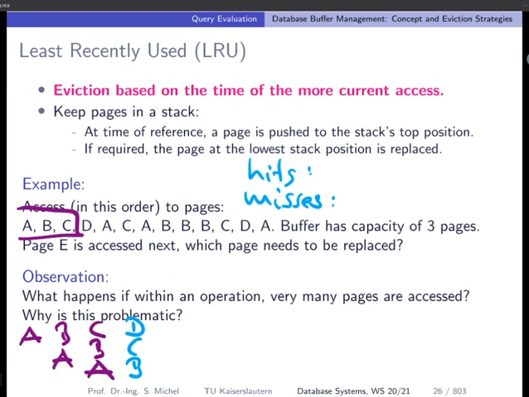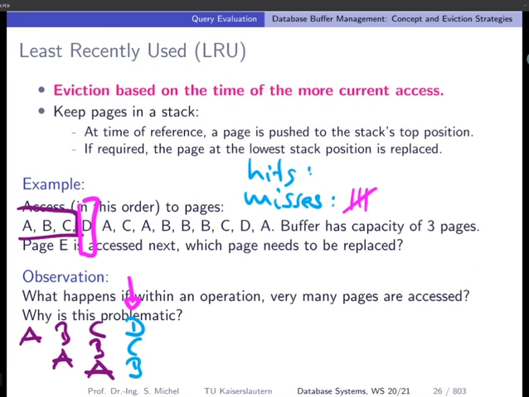And we have previously already made access to A, B, and C. And these were obviously misses, A, B, C, because the buffer was initially empty, so we could not find them in the buffer. And D was also a miss, because D was not in the buffer, right? But now D is in the buffer.